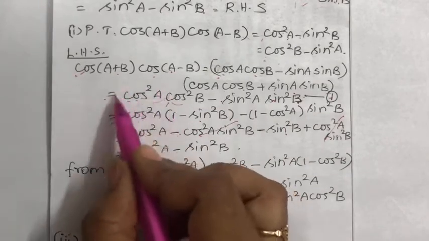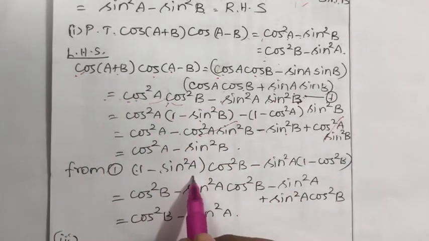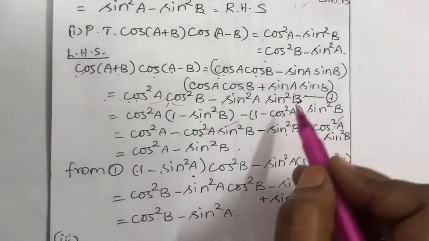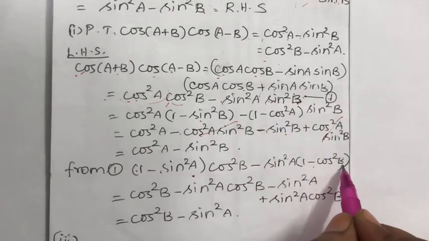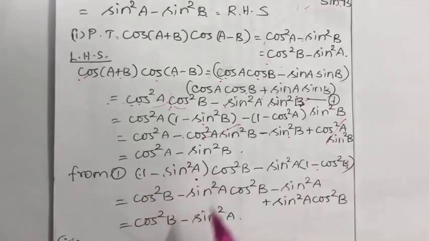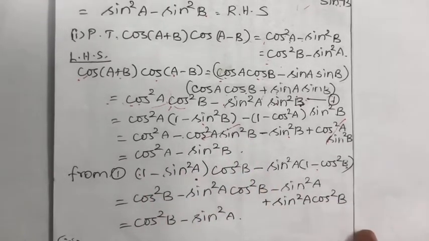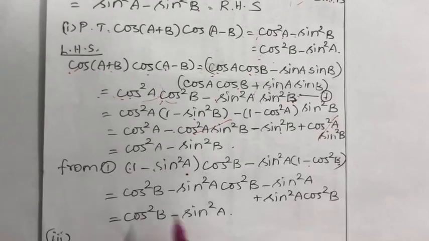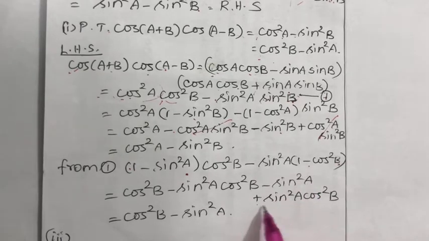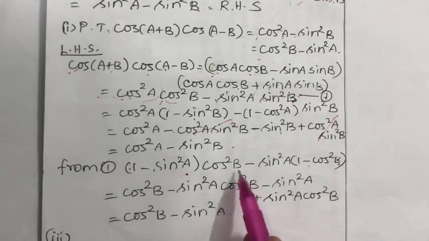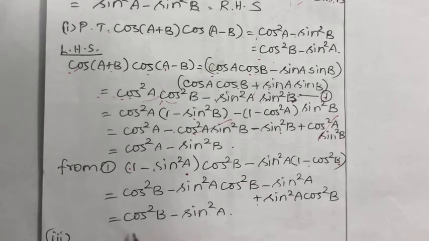So instead of cos square A, I substitute 1 minus sin square A. And instead of sin square B, I substitute 1 minus cos square B. So now we can multiply as we did in the previous problem. So cos square B minus sin square A cos square B minus sin square A plus sin square A cos square B. So minus and plus it will get cancelled. Our answer is cos square B minus sin square A.